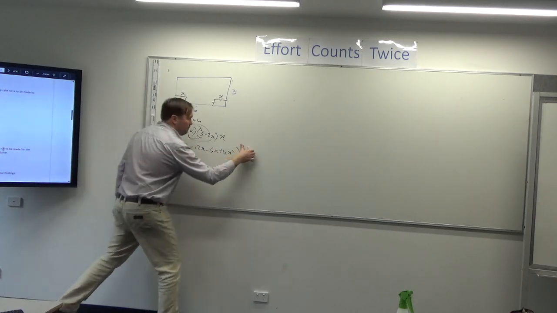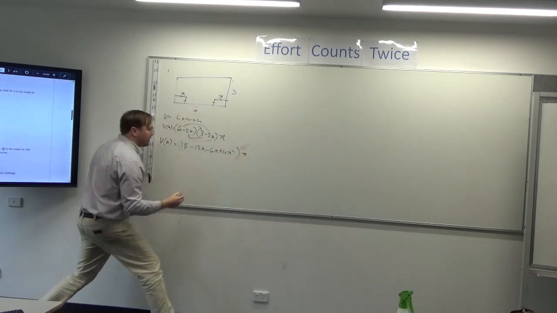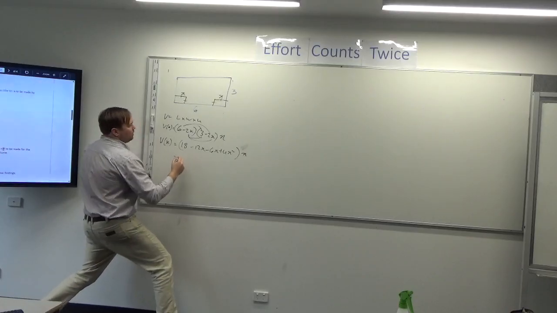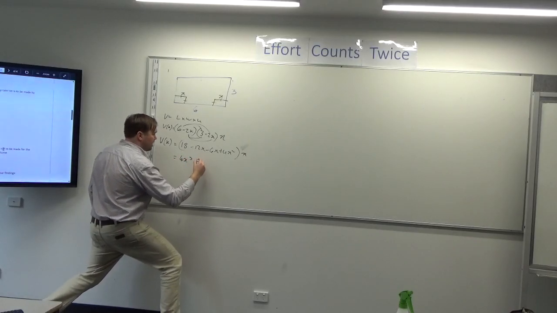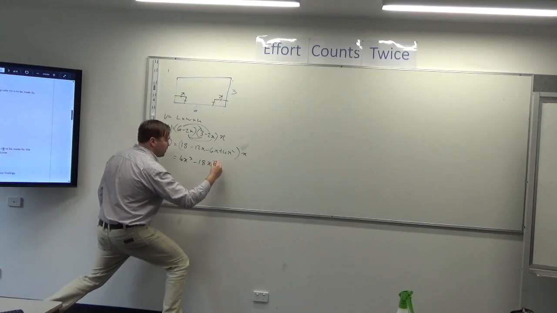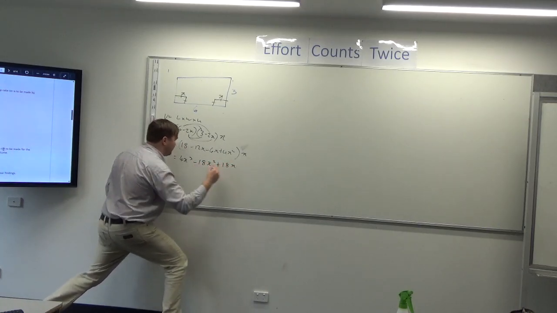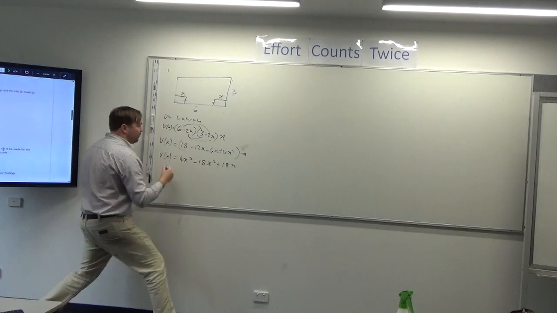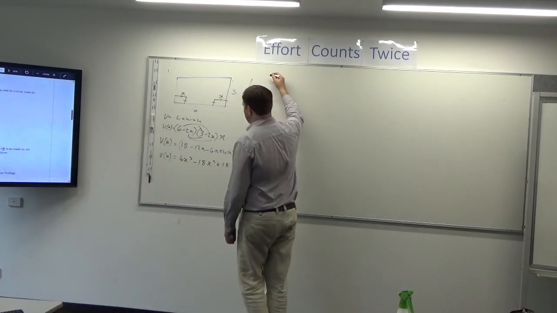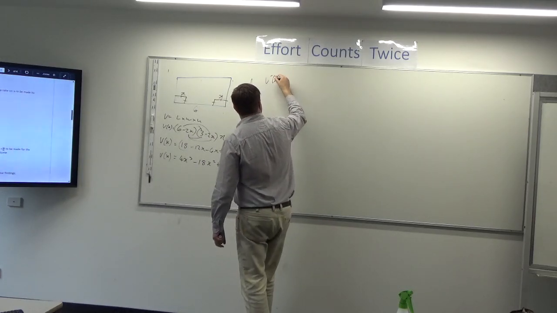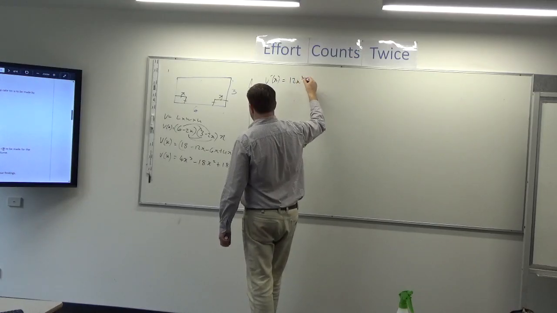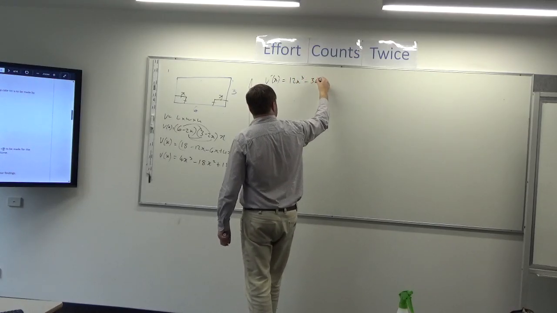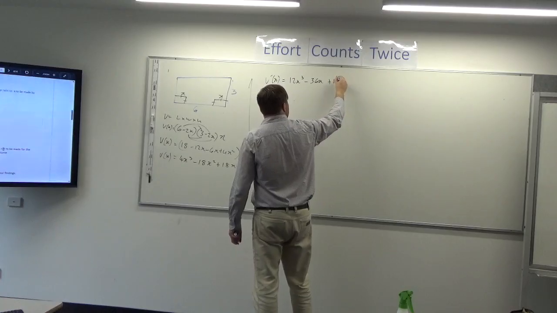Throw in that x, it becomes 4x cubed, take 18x squared plus 18x. V dash x, differentiate, becomes 12x squared, take 36x plus 18.